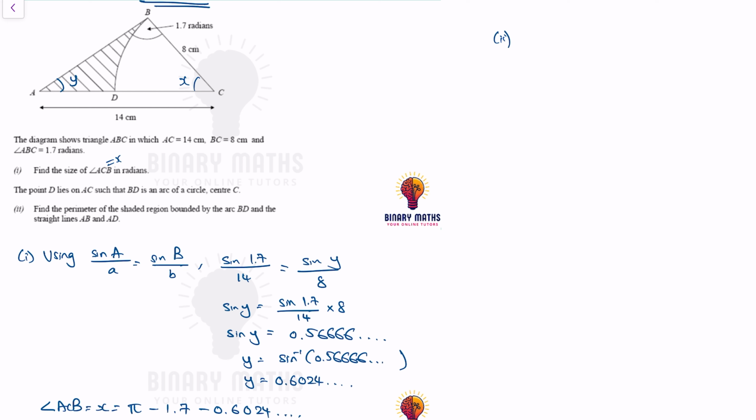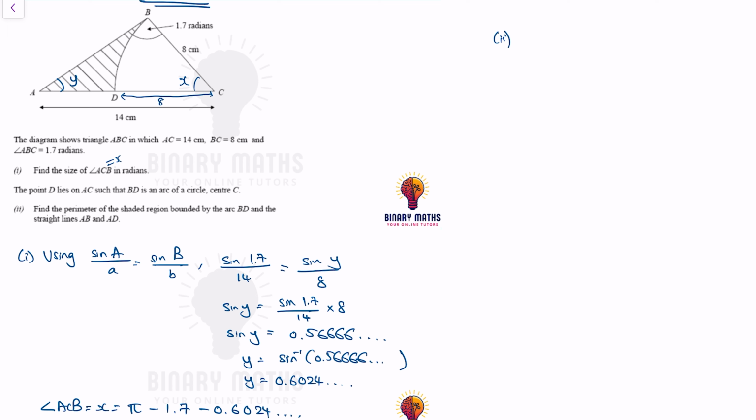Okay, the point D lies on AC, such that BD is an arc of a circle center C. Which means C to D, because it's an arc, must be 8. Find the perimeter of the shaded region bounded by the arc BD and the straight lines AB and AD. So we're trying to find that shaded region.